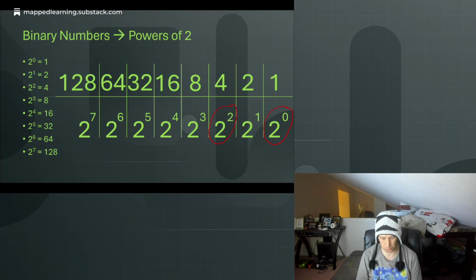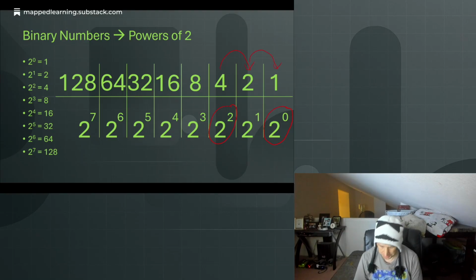So if you're writing down this binary scale and you forget where to start, after you write down 2 to the 0 and then 1, 2, 3 all the way to 2 to the 7th to the far left, just start with 2 to the power of 2 equals 4. And then if you cut that number in half, 4 becomes 2, and then 2 cut in half becomes 1.